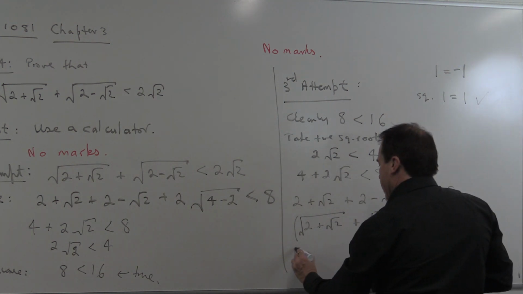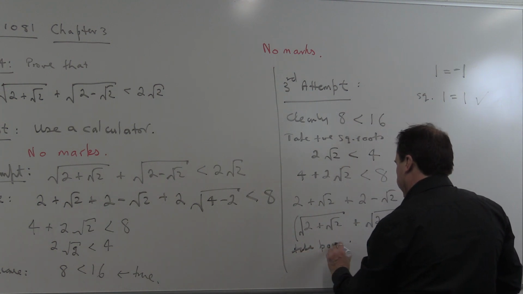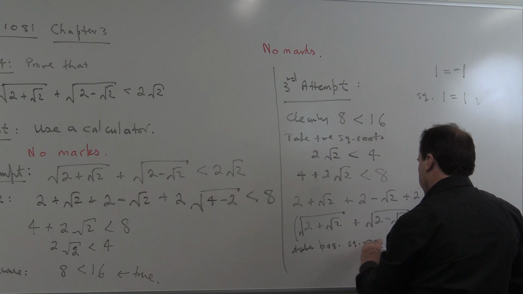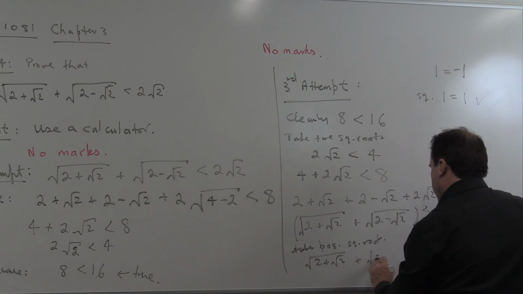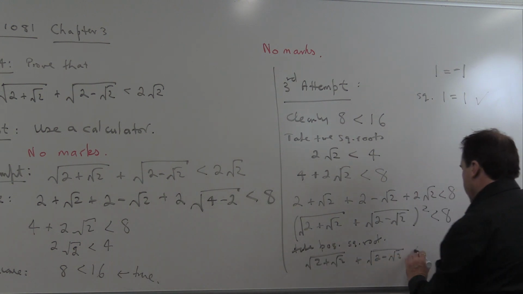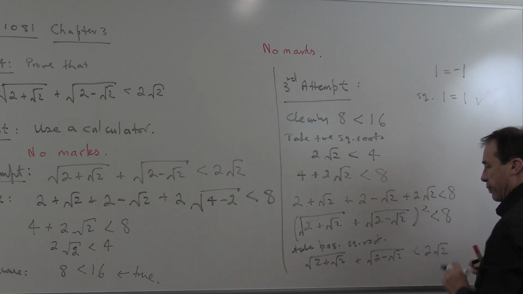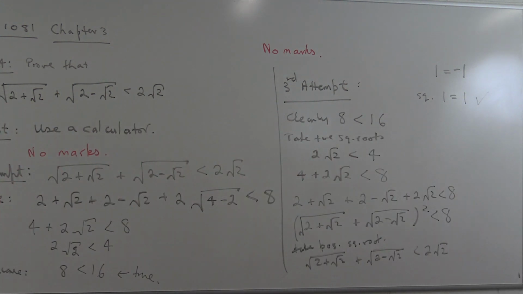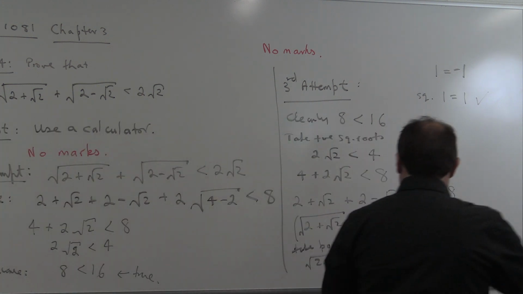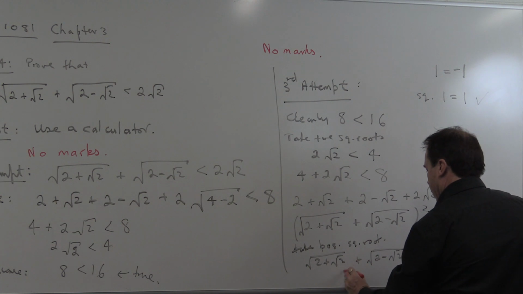And finally I take the positive square roots, and I end up with the square root of 2 plus root 2 plus the square root of 2 minus root 2 is less than 2 root 2. Now that is a perfectly valid proof. I don't think I've made any mistakes there, so that one is worth full marks.